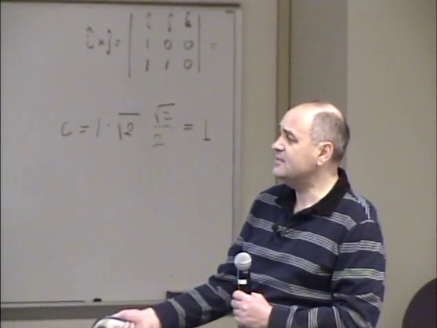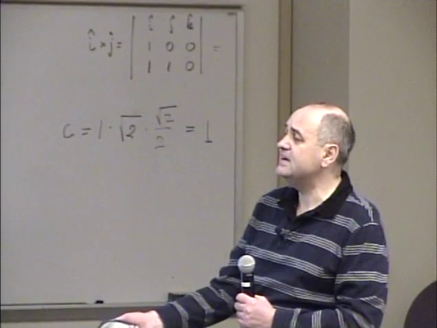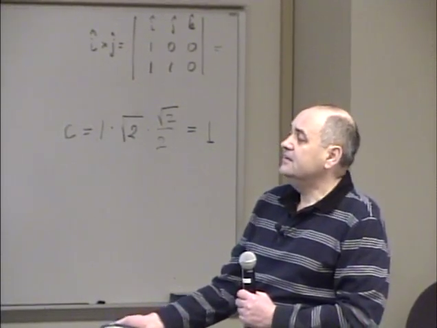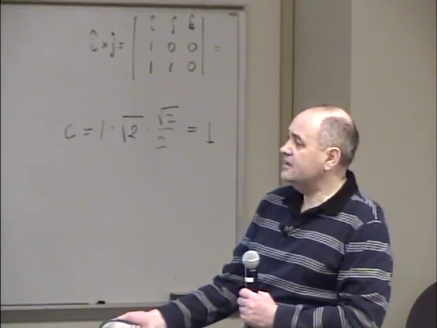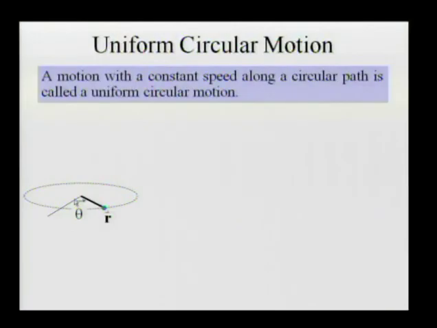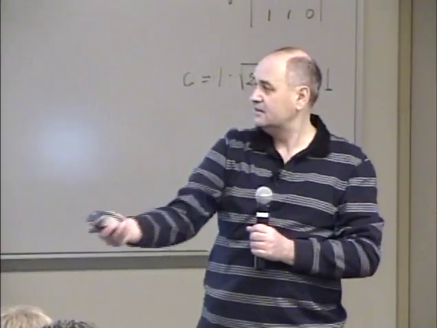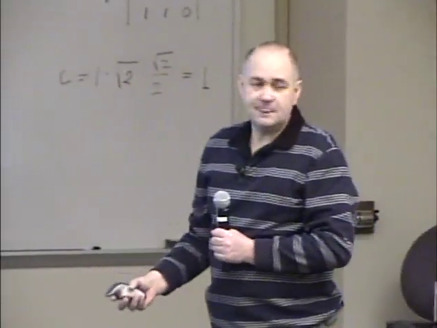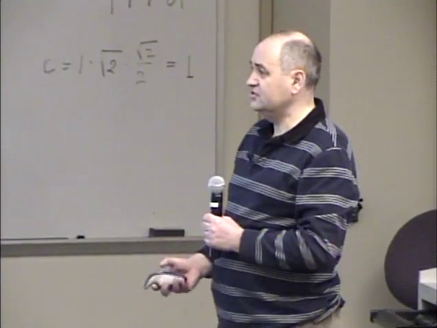We can even think about the angle with a particular direction and the instantaneous position vector as an angular position of the mouse. So, for example, I can choose this direction and consider the angle over here as the angular position.